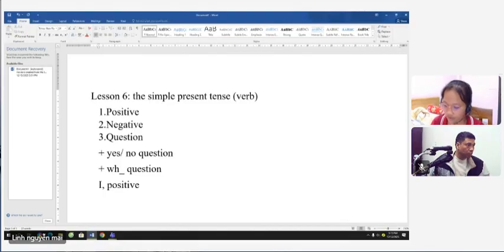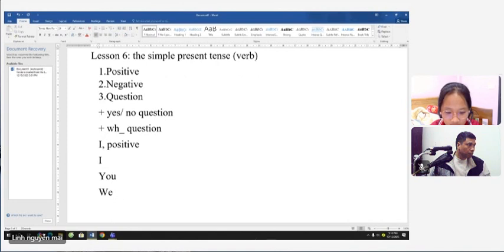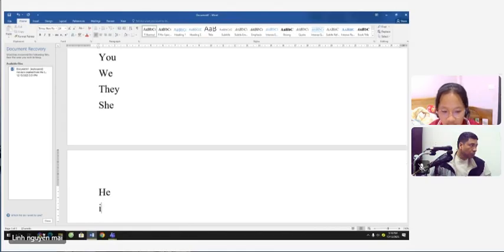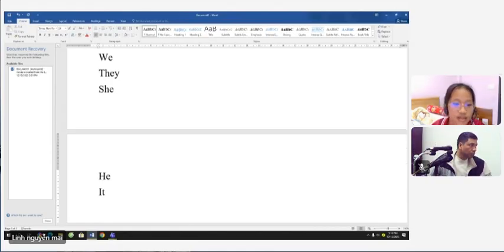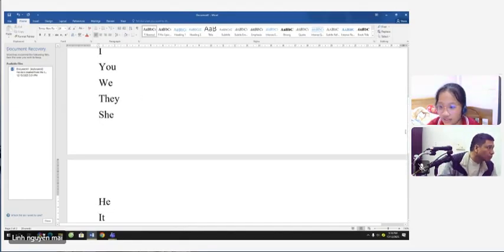Okay, so you know in English that we have pronouns. They are I, you, we, they, she, he, it. Here are the pronouns. I, you, we, they. She, he, it. Okay, so these are pronouns in English.